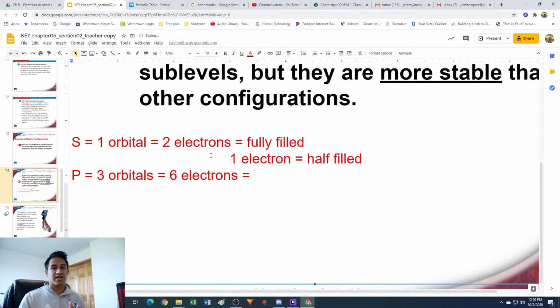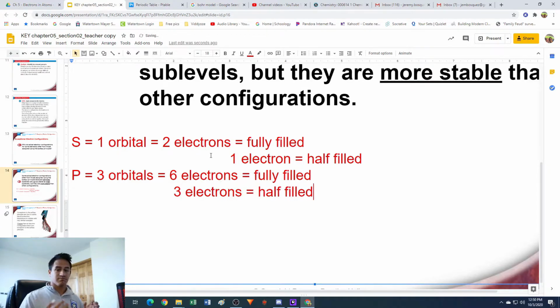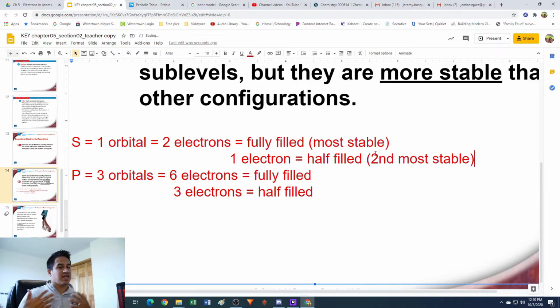If there are 6 electrons in the p orbitals, that is fully filled. If there were only 3 electrons, that would be half filled. Fully filled orbitals are the most stable. Half filled are second most stable. And anything that isn't half or full just isn't special.